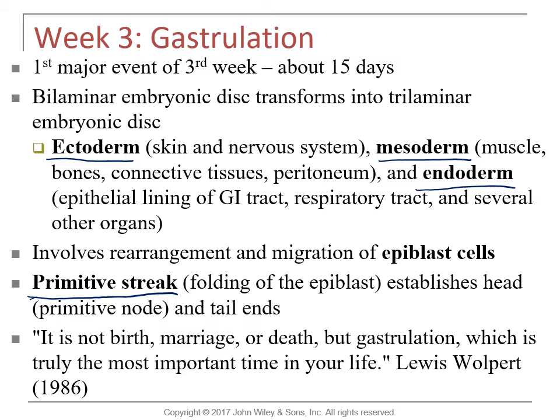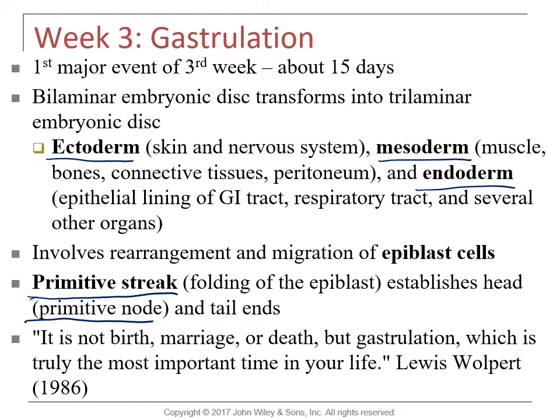At the head end of the primitive streak, a small group of epiblastic cells forms a rounded structure called the primitive node. There is the primitive node. Following formation of the primitive streak, cells of the epiblast move inward below the primitive streak and detach from the epiblast.